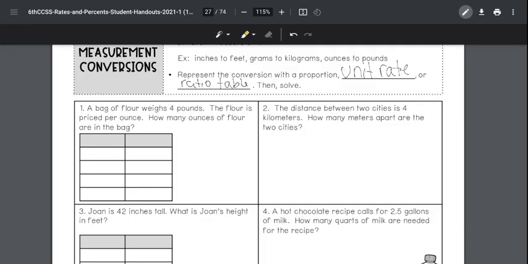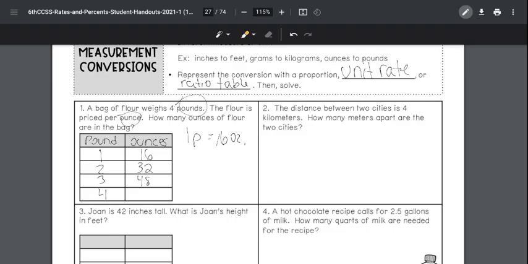So to set up my table, I know that we're talking about pounds and ounces. Okay, pounds, ounces. So our conversion paper tells us that if you have 1 pound, you have 16 ounces. So 1 pound equals 16 ounces. 2 pounds equals 32 ounces. 3 pounds is 48.